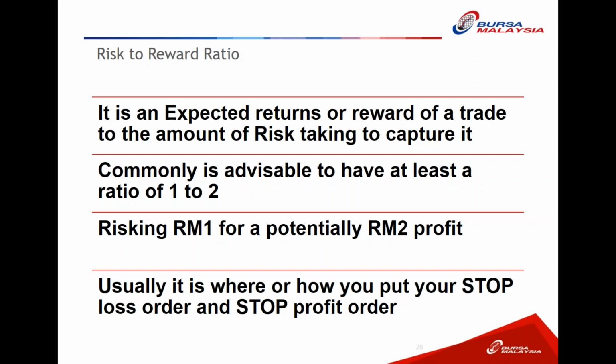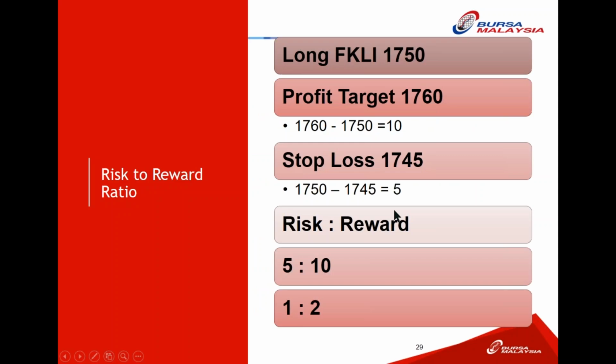So how does the stop loss or stop profit work? Let me share with you on this slide. Let's say you long a futures FKI at 1,750. If your profit target is 10 points, for example, you put your profit target at 1,760, so you get a 10-point profit target.